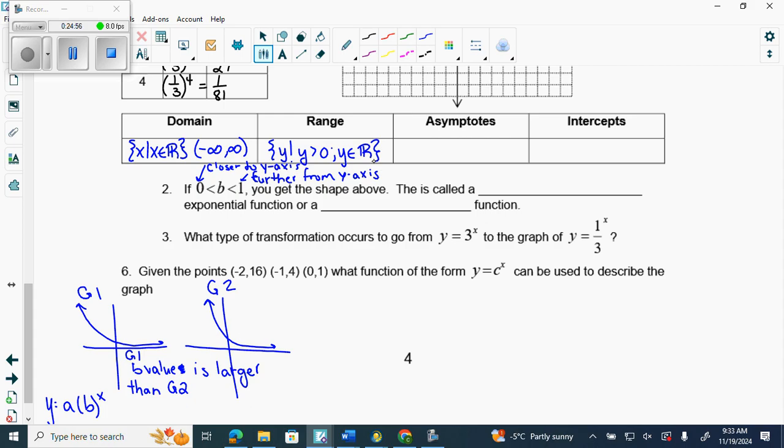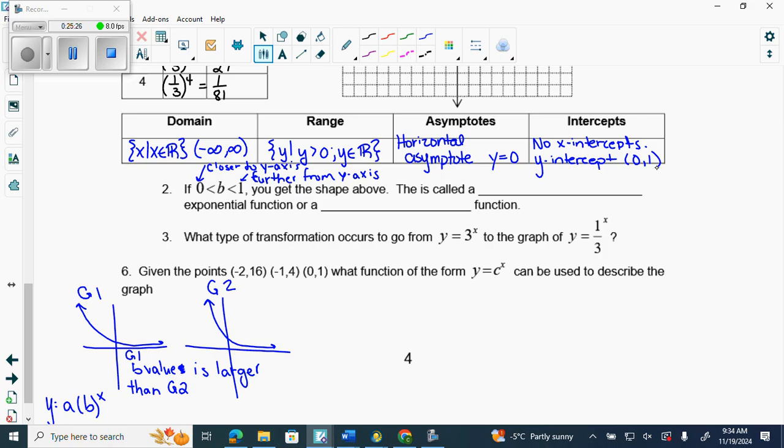Okay, we have a horizontal asymptote, y equals 0, and I have no x-intercepts, and a y-intercept of 1.